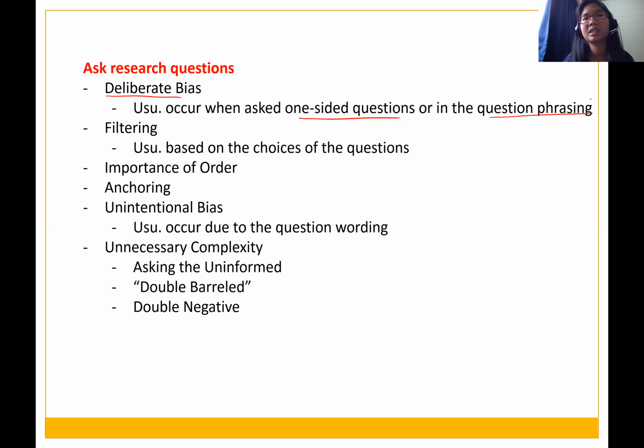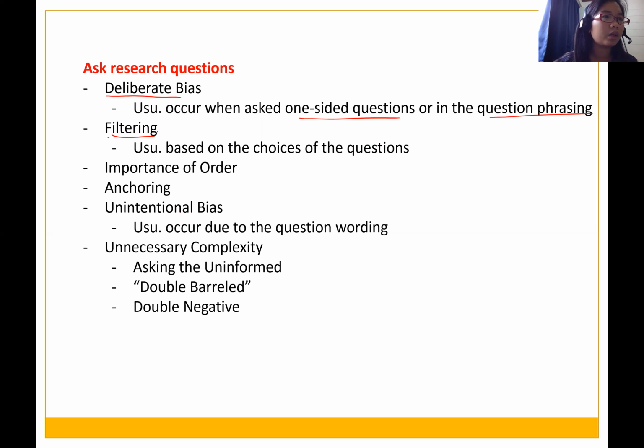In some cases, they just ask you A favorable or B unfavorable. It depends on the choices, and that's limiting the answer choices you can put in. That's what we call filtering. So in statistical study and research, we usually try to make it open-ended, and even if it's open-ended, we try to include as many answers as we can.